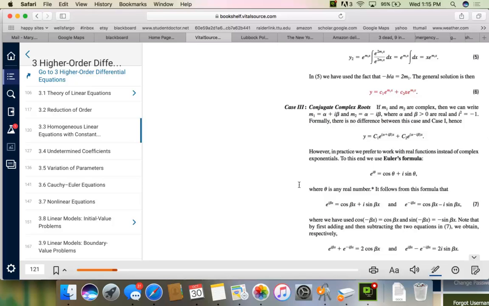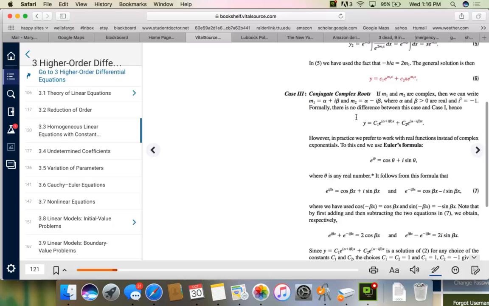So in that case, you would have like a third order root. In that case, you would have an e to the mx, x e to the mx, and an x squared e to the mx. So these real repeated roots generate, in addition to the exponential term, that exponential term multiplied by a polynomial in the independent variable.